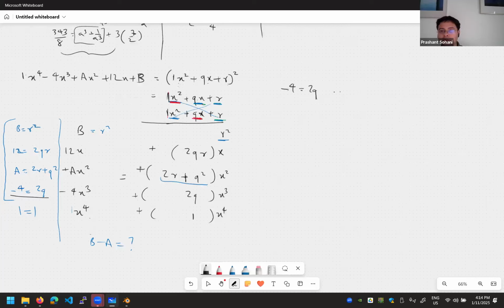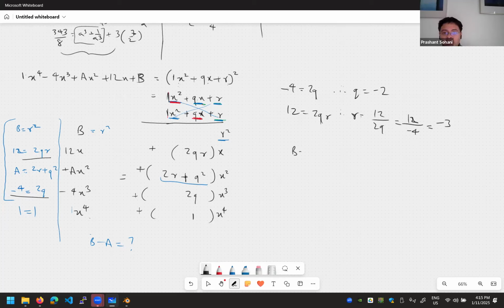Therefore q is simply minus 2. I can substitute that in the other equations, for example in the second equation, 12 equals 2qr, so therefore r is nothing but minus 3. So I found the values of q and r.